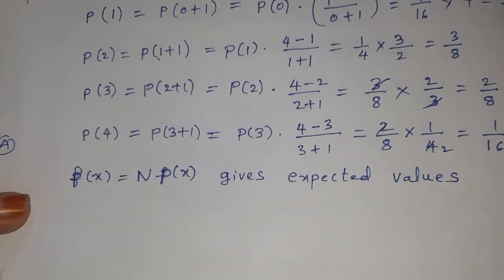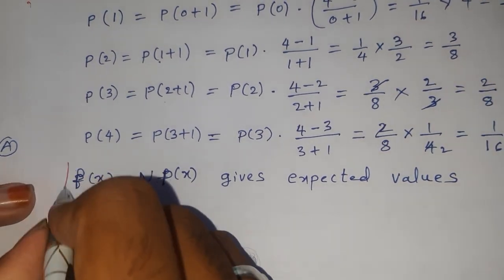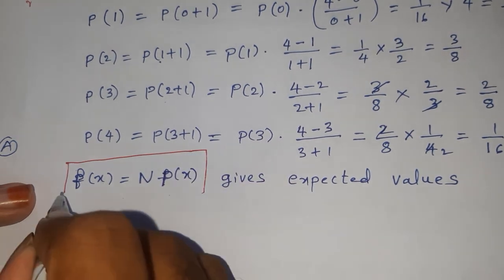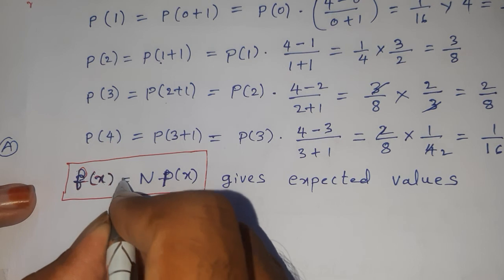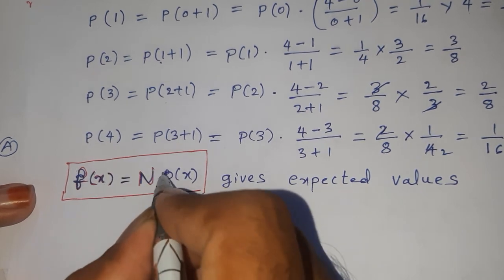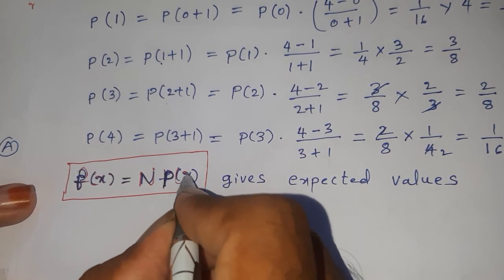This is an important formula to find out expected values. f of x is equal to capital N into probability of x.